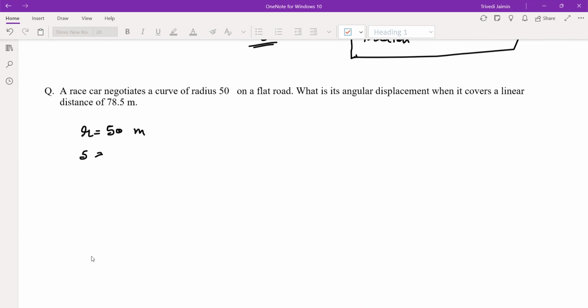S, the distance, is 78.5. Theta equals question mark, that is angular displacement. So theta equals S by R. We'll get this answer in radians. Then convert this into degrees. Come on.